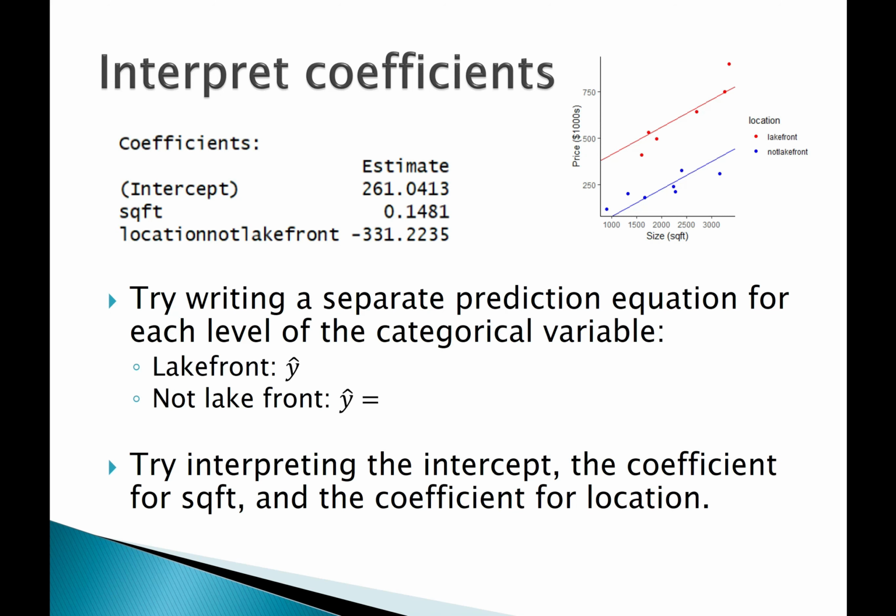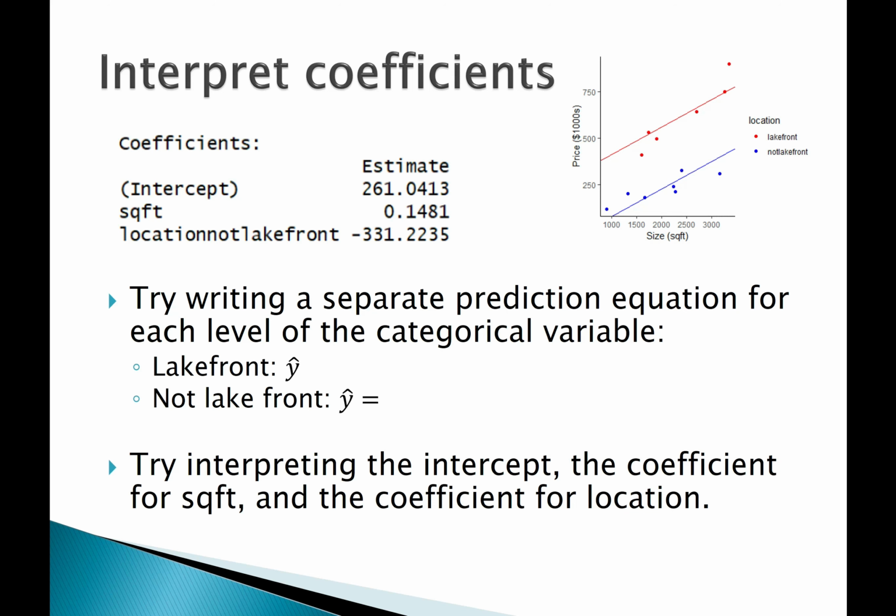So before I tell you how to interpret these, I want you to try it yourself. It's definitely worth wrestling with this a little bit on your own to make sure that it really sticks with you. First of all, think about how you could write a separate prediction equation for each level of the categorical variable. Basically, you're just plugging in the appropriate value for lakefront and not lakefront into that x2 variable. And then think about how you would interpret the intercept, the coefficient for square footage, and the coefficient for location.